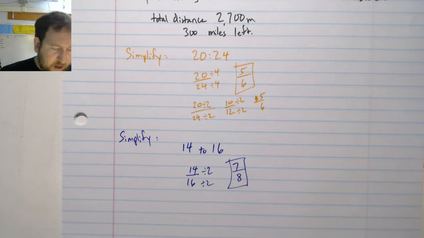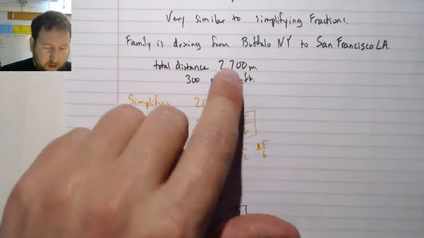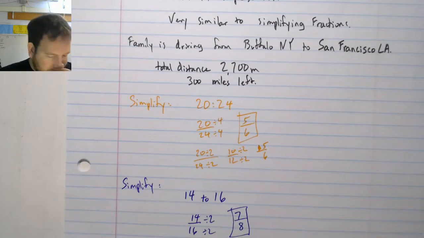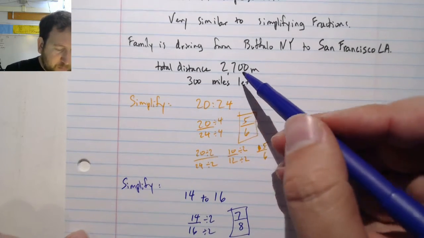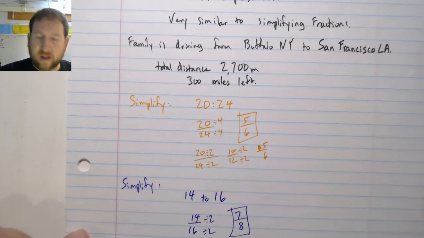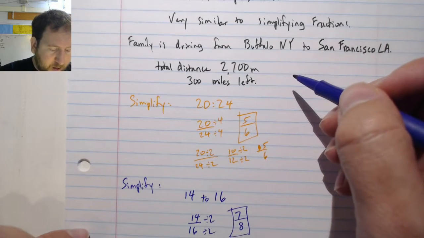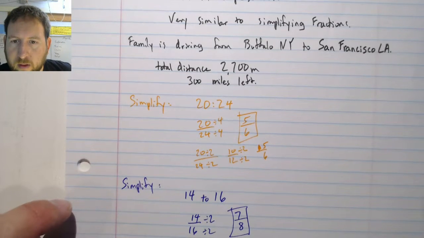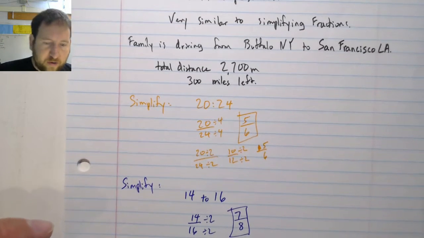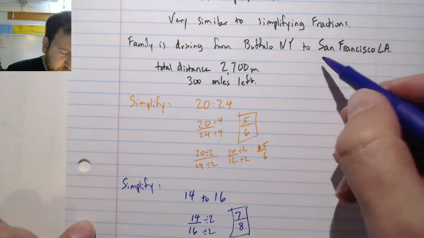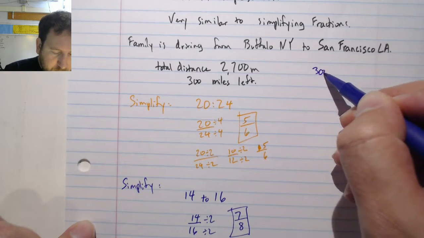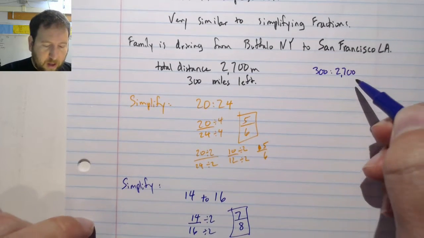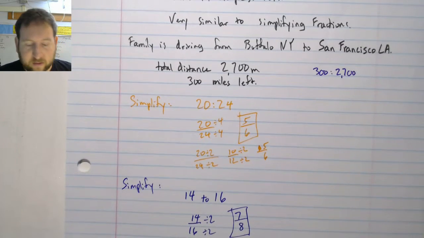Okay, let's look at our answer from earlier. We have total distance 2,700, 300 miles left. So our ratio of what's left to the total distance is 300 to 2,700.